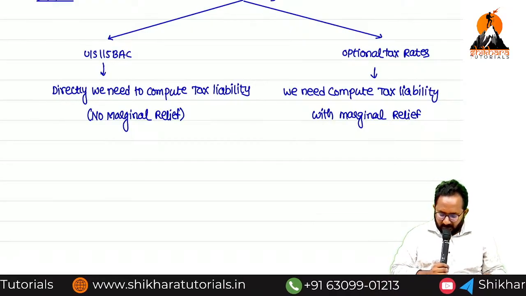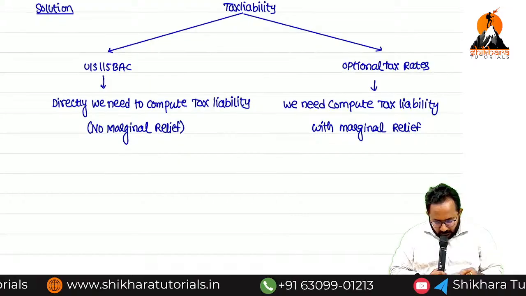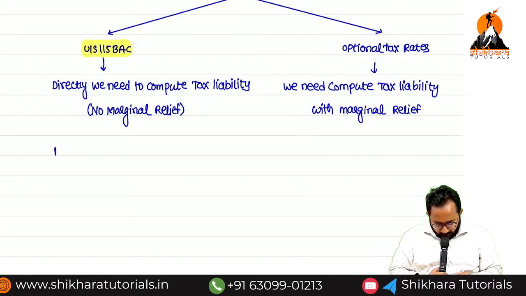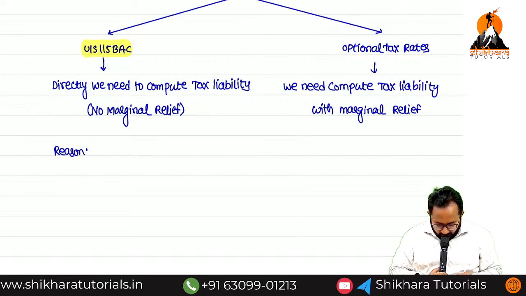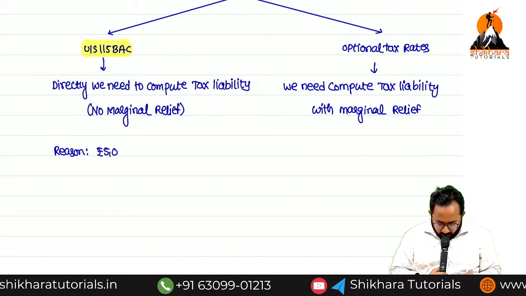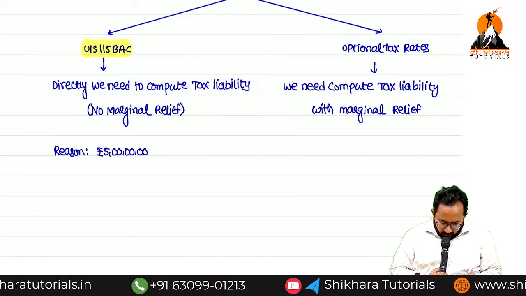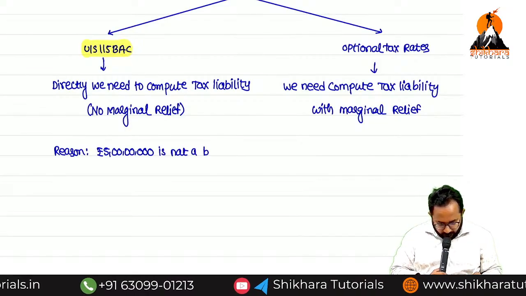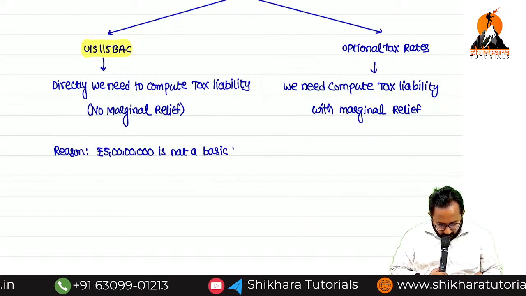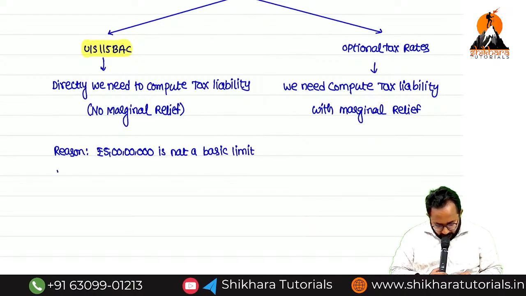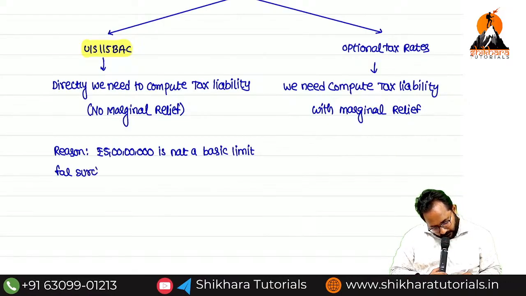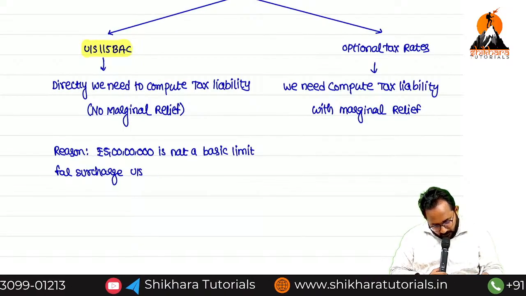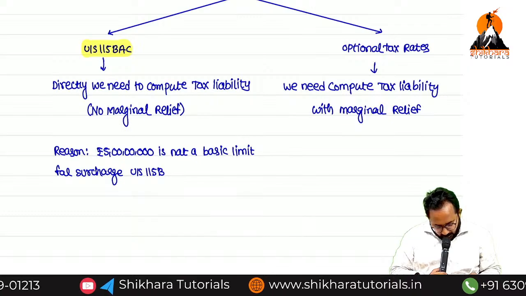You can't get the marginal relief under 115 BAC. Reason, can you tell me? Reason: rupees 5 crore is not a basic limit for surcharge under section 115 BAC. Are you understood?